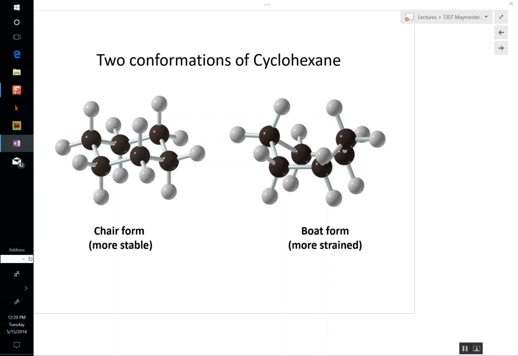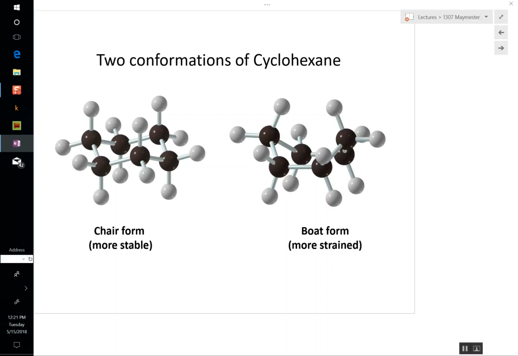Here's the boat. Take the two ends and pucker them upwards, and it looks like a little life raft. Can you see that? That's where they're coming up with this boat conformation. The molecule hasn't changed its structure. It's just changed its conformation.